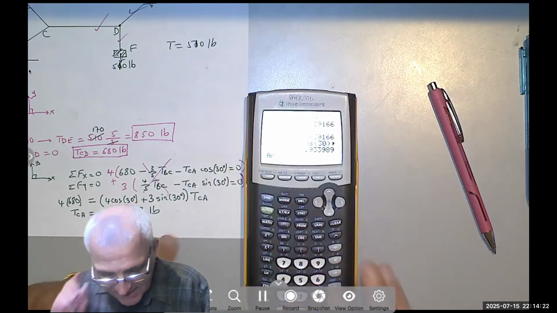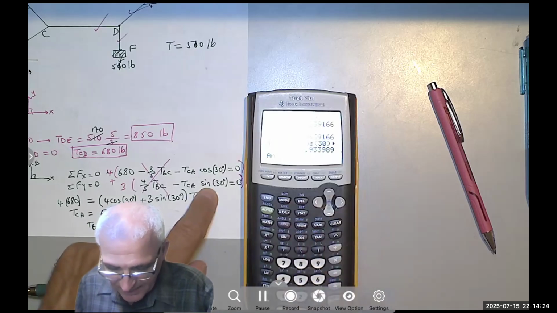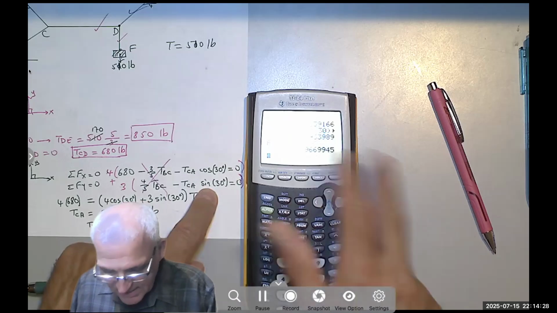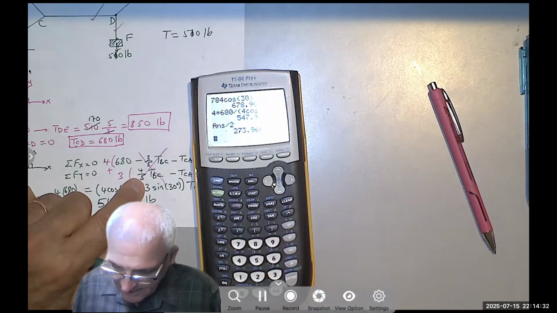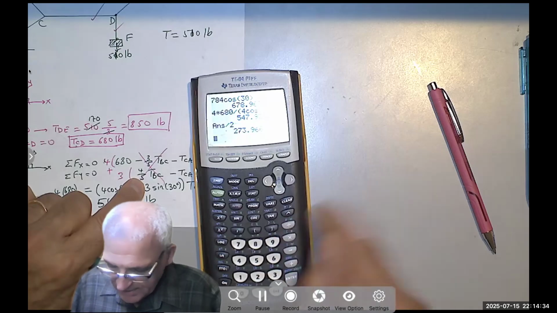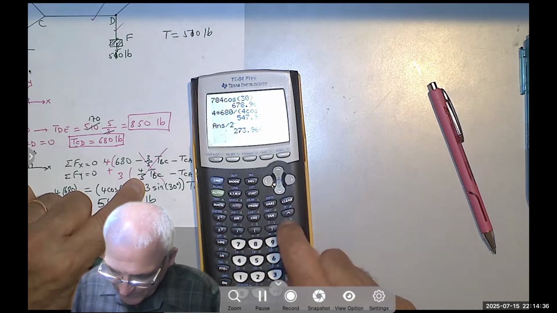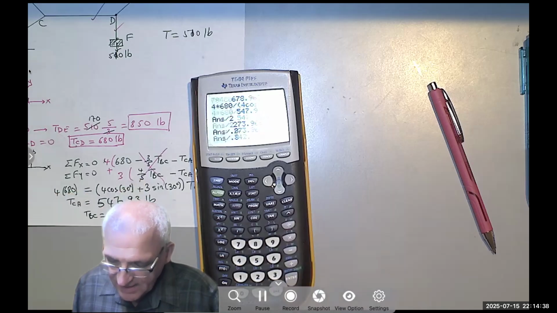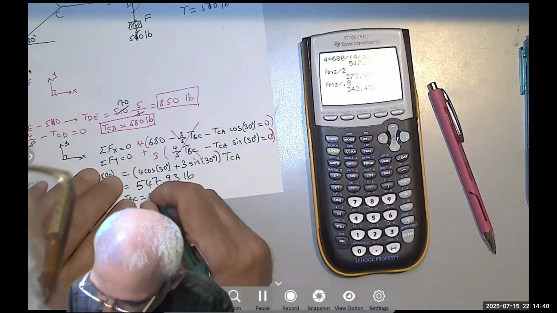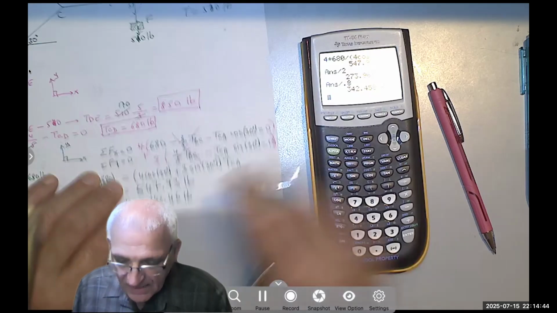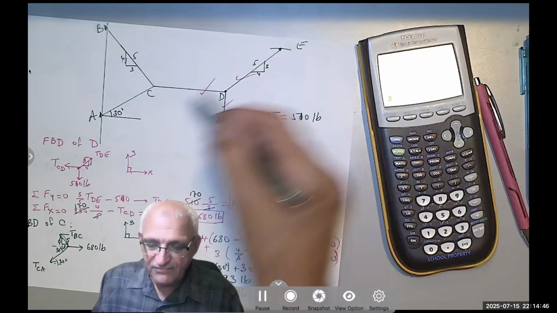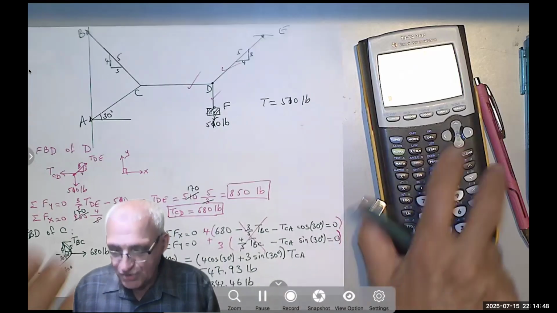That's the same as I have multiplied it by sine 30, moved it to the other side, so it's positive, and then divide by 4/5, or multiply by 5/4. 4/5 is 0.8, so divide by 0.8, and I get 342.46 pounds. So I found all the 5 forces by using two free body diagrams.